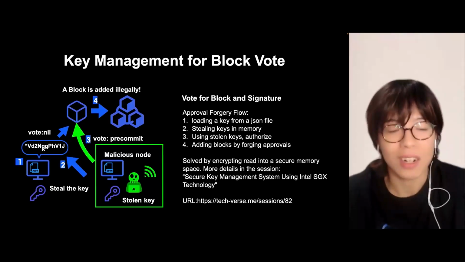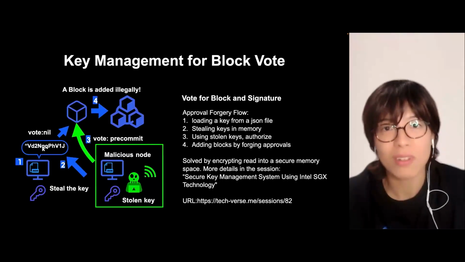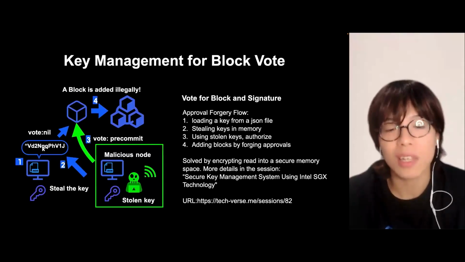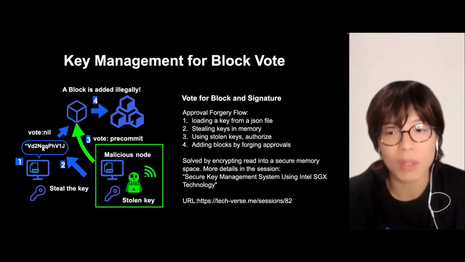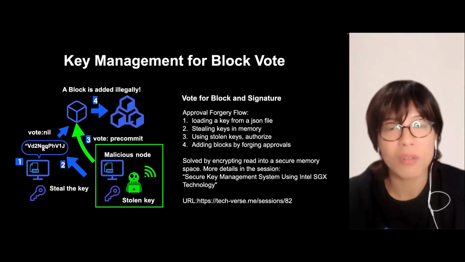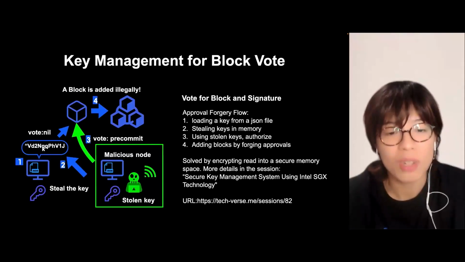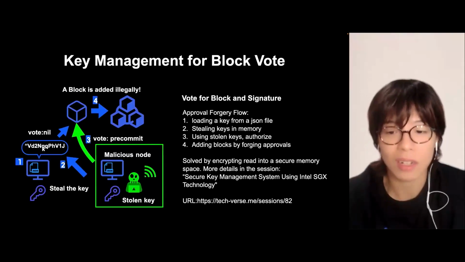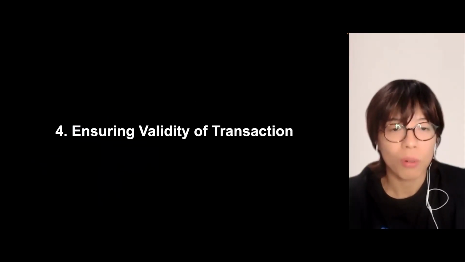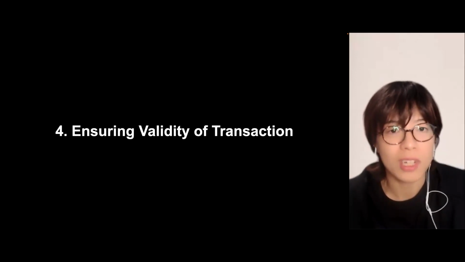It's possible to approve with a Line block using the stolen secret key. We use Intel SGX to save it in a safe area to prevent unauthorized signature generation. Please refer to the secure key management system using Intel SGX technology.